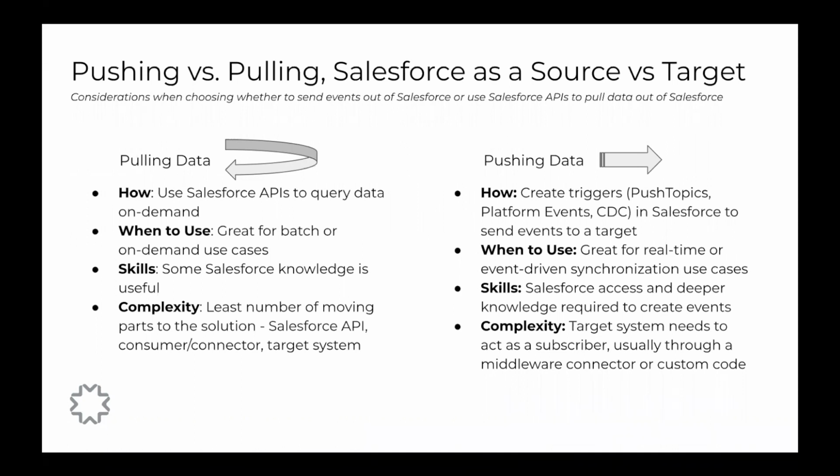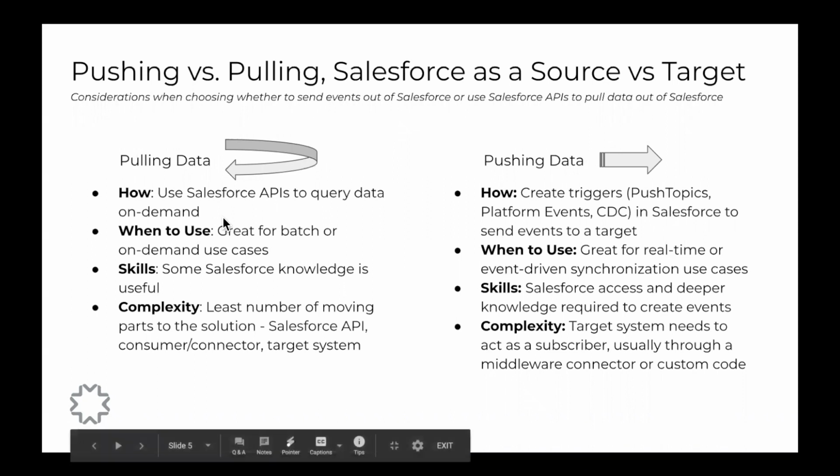In a pull scenario, a source is pulling data from a target. So the direction of data flow is from the target to the source, but the invocation is opposite of that. When we're pushing data, the data flow and the invocation are in the same direction. Those are the 2 main categories of directionality.